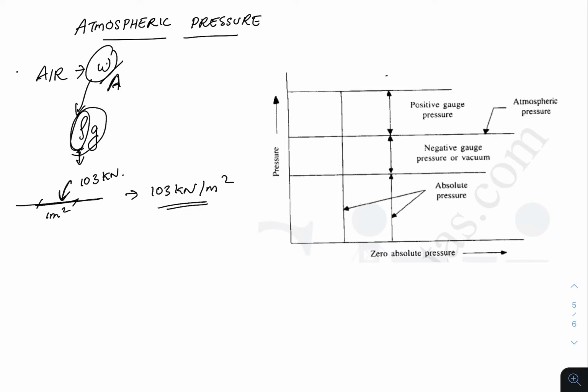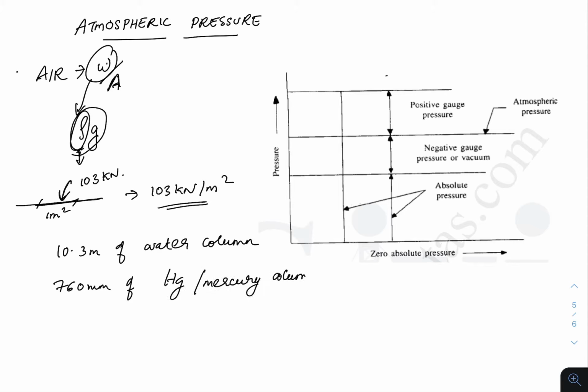Or in terms of liquid column, it will be 10.3 meter of water column or 760 mm of Hg, or mercury column. Okay, that is regarding atmospheric pressure.